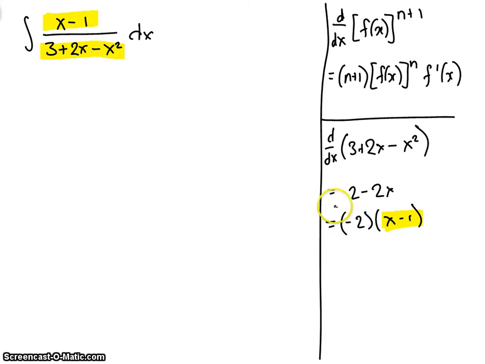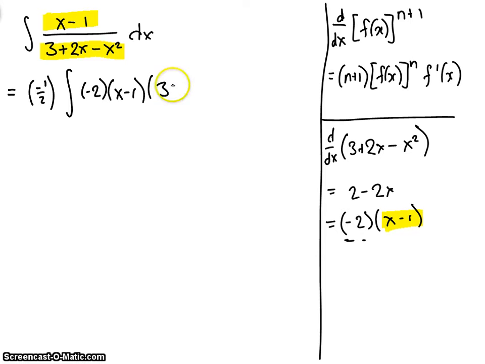But to do this, I need to find some way to bring into play this negative 2. Since I'm dealing with integration, I can just do negative 1/2 times negative 2. And that's fine. Now I've got my negative 2 in here. And because I can move multiples in and out of the integration sign, I can put the integration sign there, which is where I want it to be.